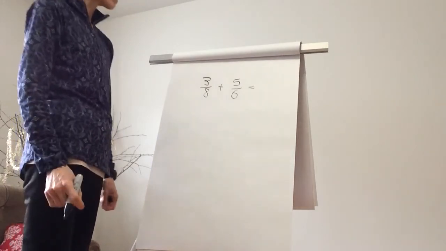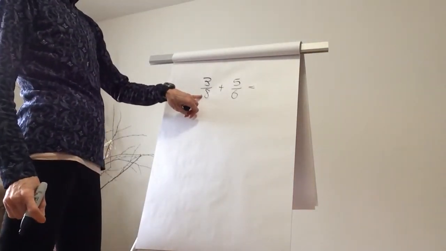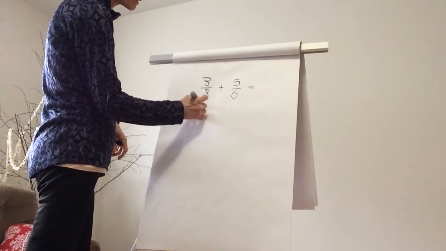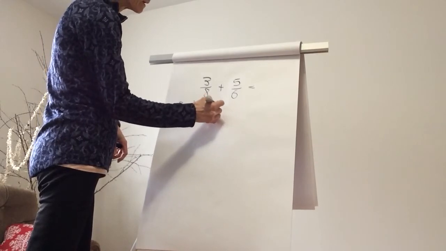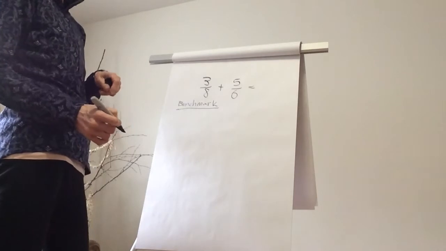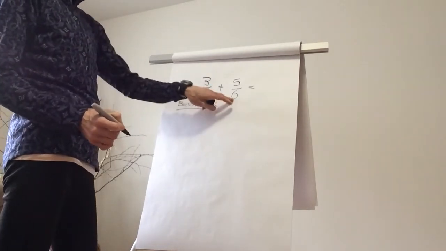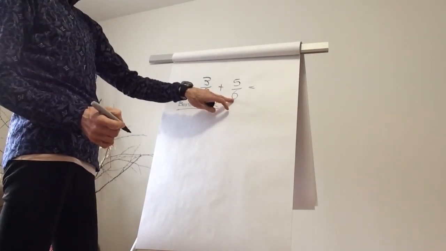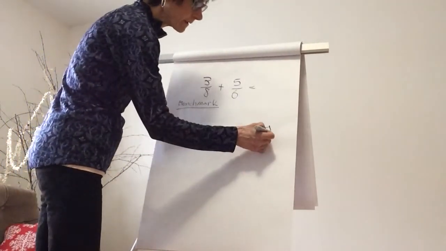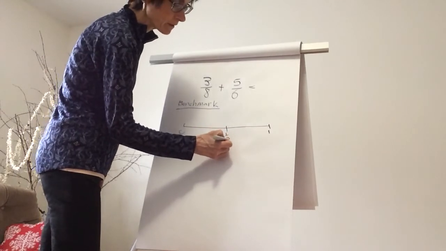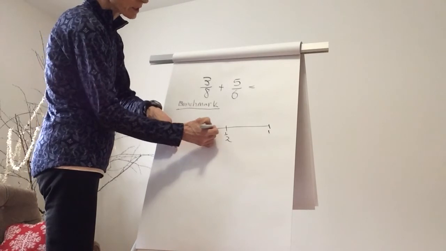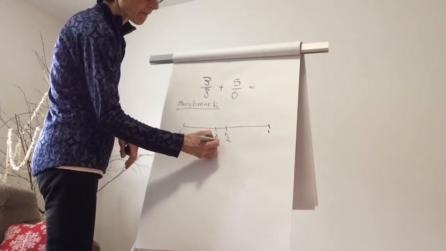All right, welcome back. So 3/8. So I'm going to use benchmark first. Okay, so 3/8 is pretty close to a little bit less than 1/2, isn't it? But 5/6 is pretty close to 1. So if I have my number line, and we have 1/2 here, 3/8 is probably going to be somewhere around here, 3/8.